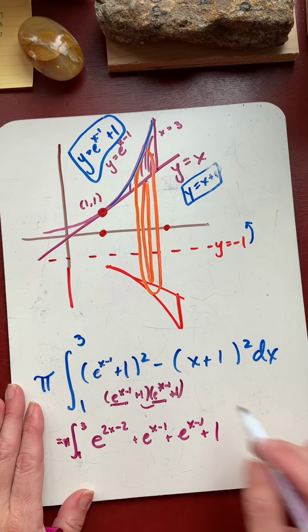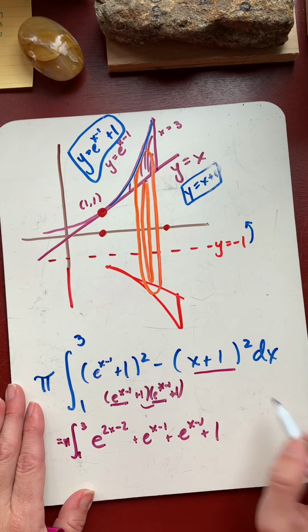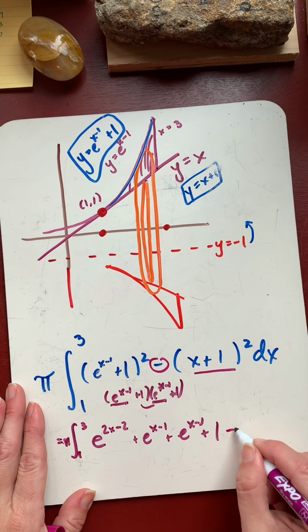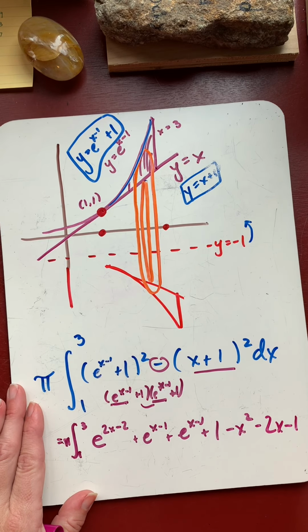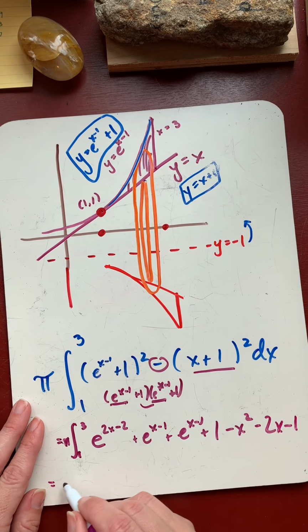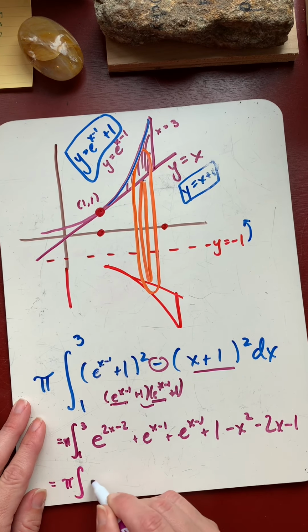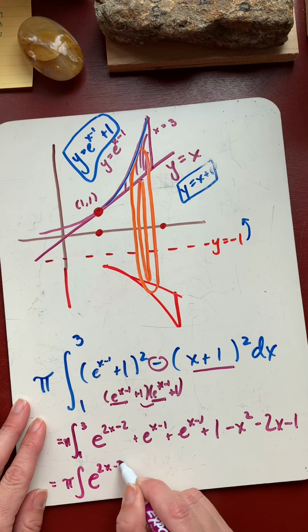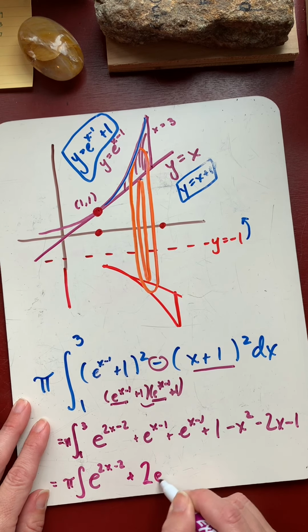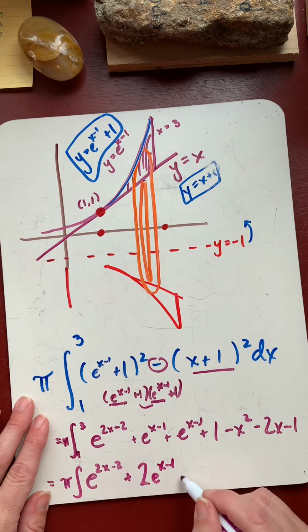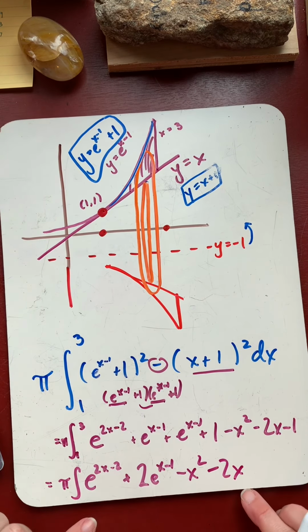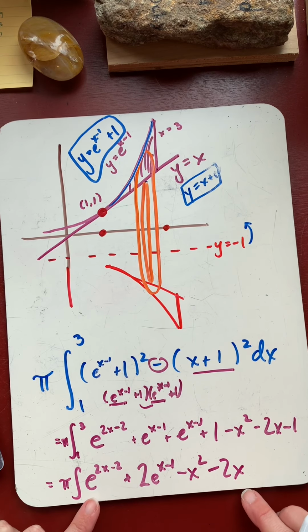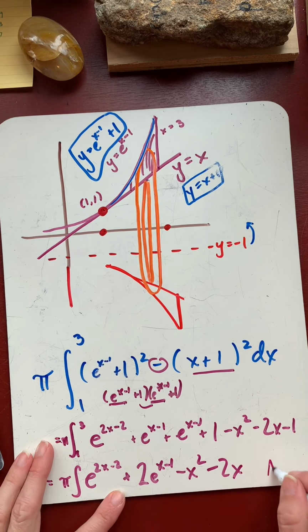So there's the first part foiled, and now let's foil the second part, and don't forget to distribute the negatives. So minus x squared minus 2x minus 1. If I really put that together, pi times the integral of e to the 2x minus 2 plus 2 e to the x minus 1 minus x squared minus 2x, and those cancel. So this is the same as A.